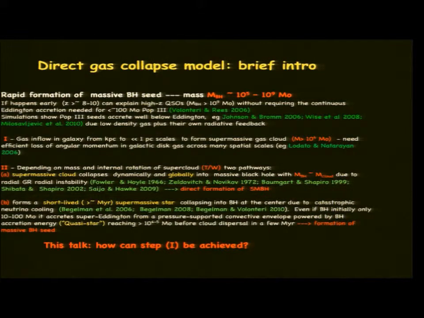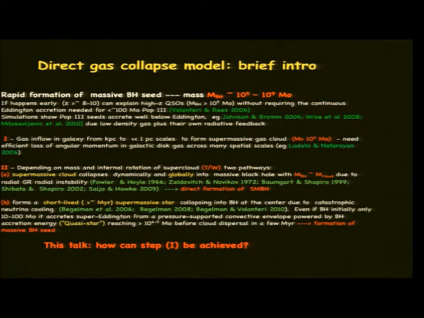And that's work that has mostly been explored with numerical GR simulations. There's recent work also by the Japanese group that shows that if the angular momentum is not high, you can actually have an outcome like this, just from pure dynamical collapse of a cloud with sufficiently low rotation and very high mass. Now, I'm not talking about the second stage, so how you can actually get to the black hole itself. I'm talking mostly about number one.